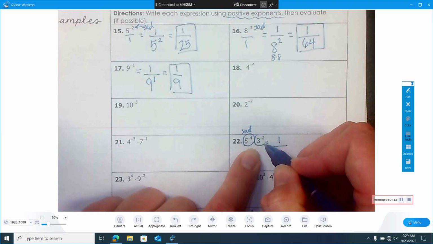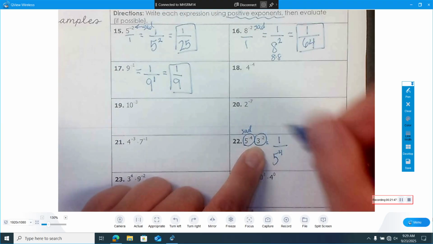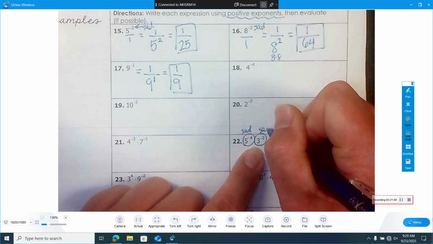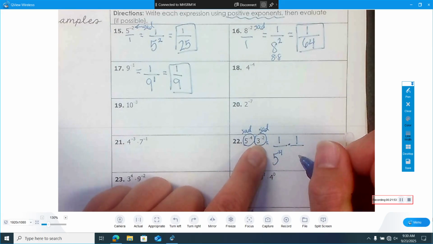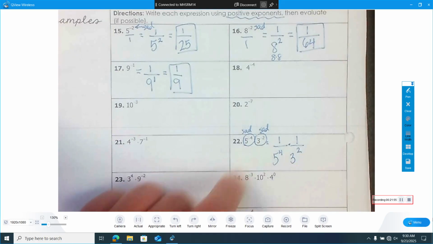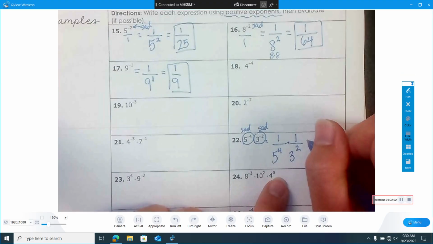And here I have a 3 to the negative 2 power. Happy or sad? Sad. So that also wants to go downstairs. So we have 1 over 3 to the happy 2 now. And now it's fractions, right?